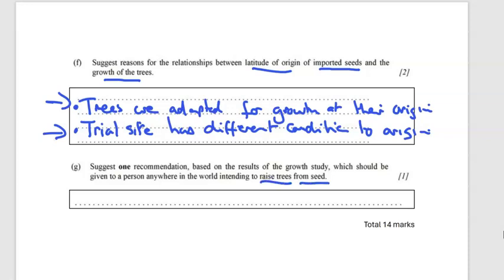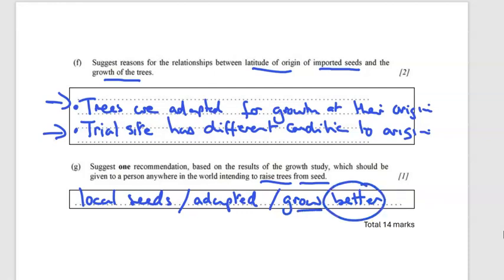So I think we can say that one needs to be aware of the fact that local seeds will be adapted to that particular location, and they will grow better, perhaps, but certainly, if not better, then we should be aware that they grow differently.